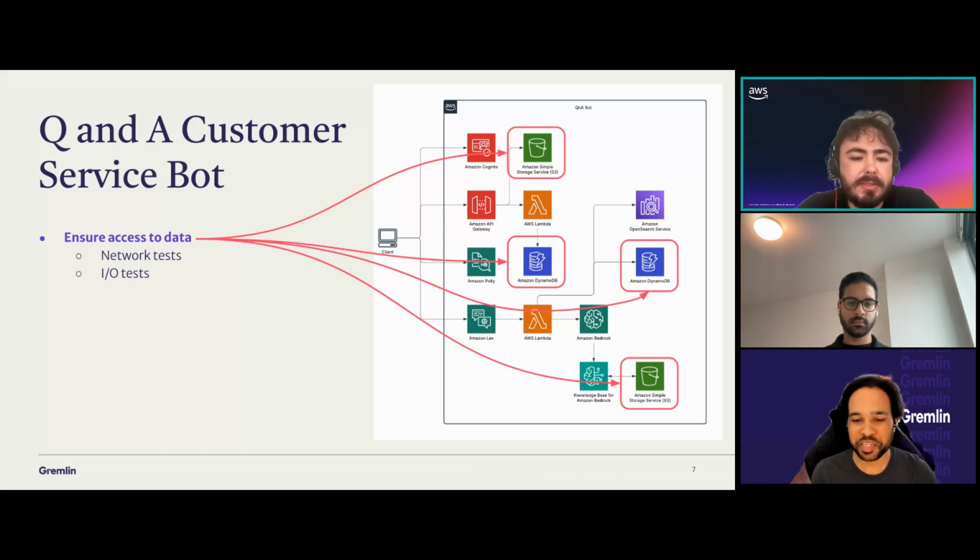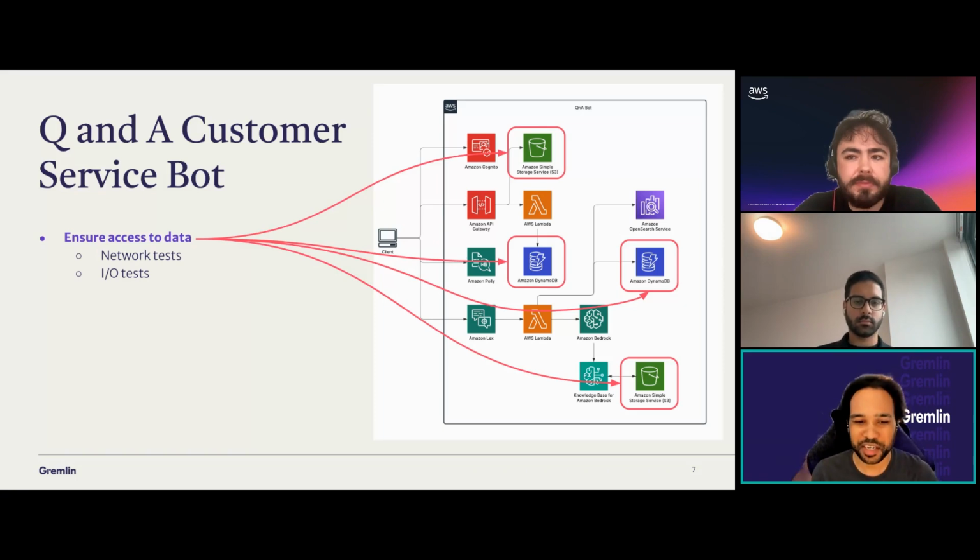Yeah, so one of our experiments, we actually call it the black hole experiment. The idea behind that is it simulates a complete network outage, but you also have full control over how that outage occurs. So we let you determine which host names are impacted, which IP addresses, which ports, if you want to block a specific service and not necessarily a specific destination. And you also are able to control how long that blackout lasts. So what you can do in this case is choose any one of these services based off of its host name or port number, if it has a dedicated port or anything like that.